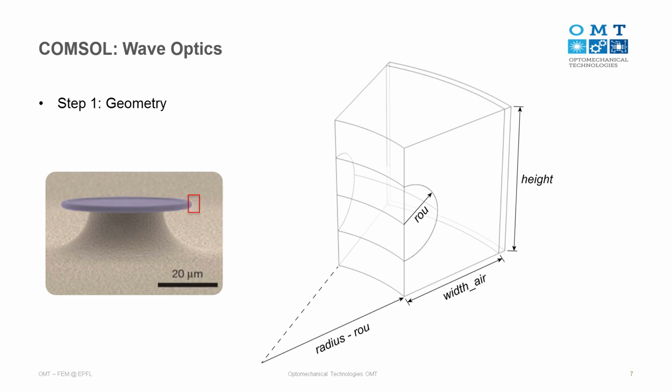And today, the very basic geometry is a toroid structure. In this way, we're only going to simulate the small area over there, which is good enough to help you define the eigenmode that will be circulating inside the toroid. So this is a very basic geometry.